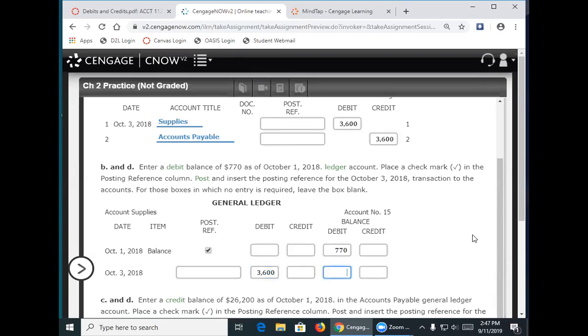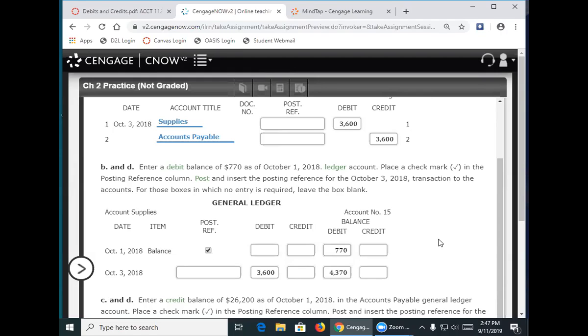Very good. I had 770, and I added in another 3,600. A debit plus a debit equals a new balance of 4,370. Okay. So every time I do a journal entry, I post it to that account so I see in the ledger how all the accounts are being affected.